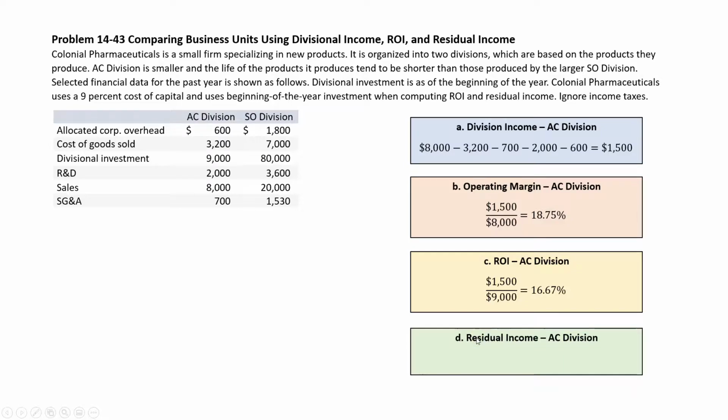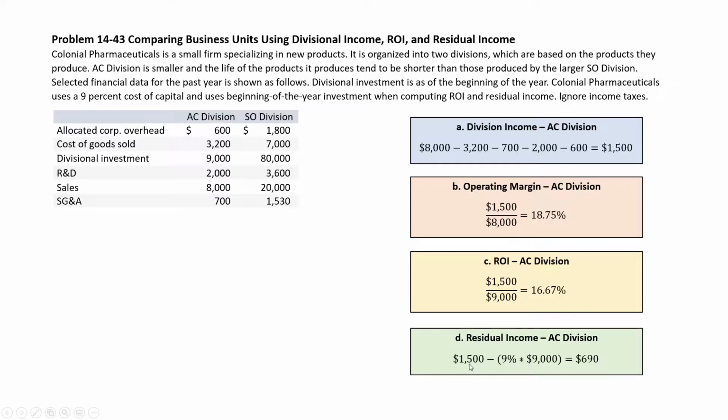Now our next measure, D, is going to be residual income. So it has the same components as ROI plus one additional. I just rearrange it. So instead of dividing our divisional income by our divisional investment like I did here, I'm first going to take our divisional income of $1,500 and I'm going to subtract from that.